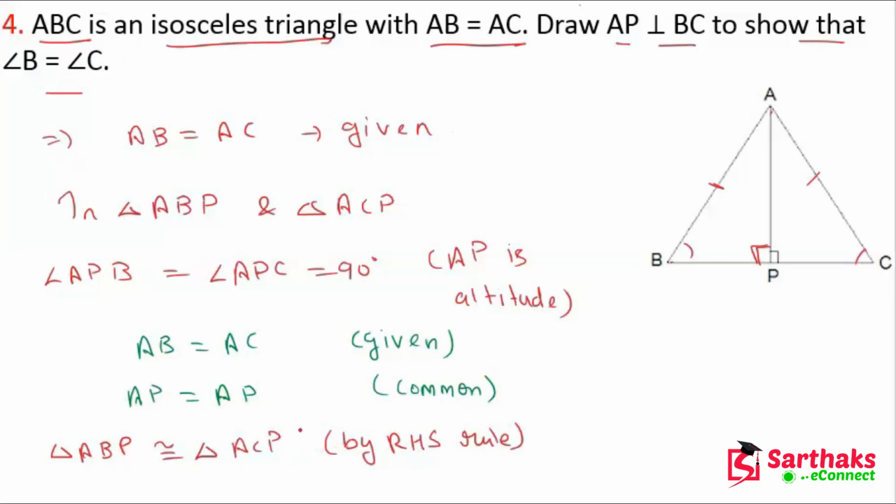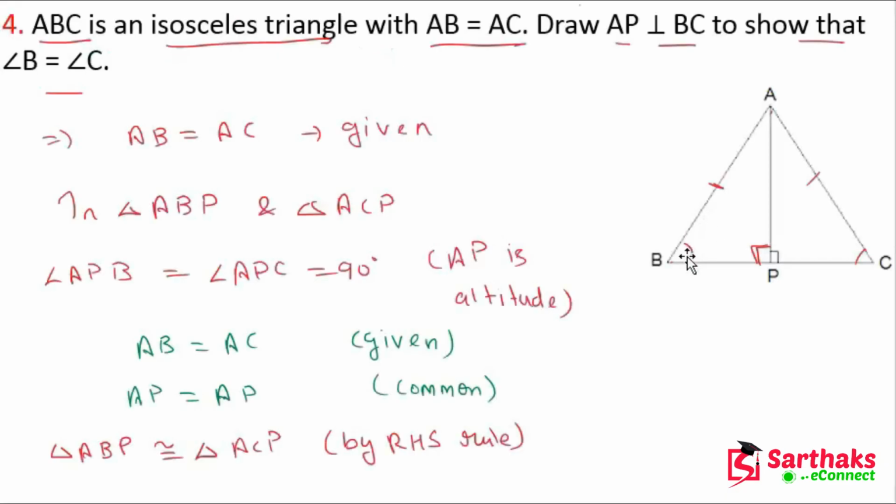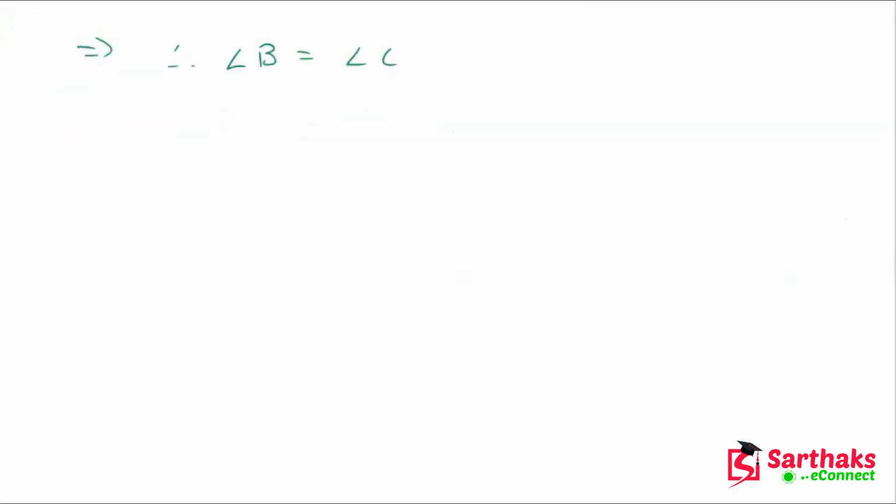I hope you get this point. So we can write here, angle B is equal to angle C, this angle is equal to this angle, by the rule of CPCT.